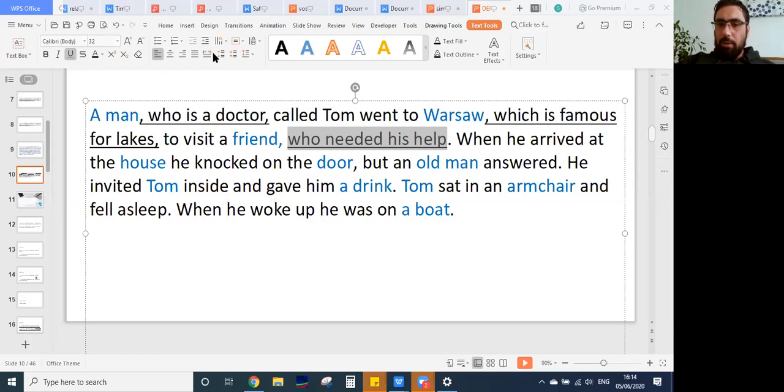We need some help here to create the story. Anyone? Which was big and old. Okay. Which was built, which is located near the lake. Right. Okay.